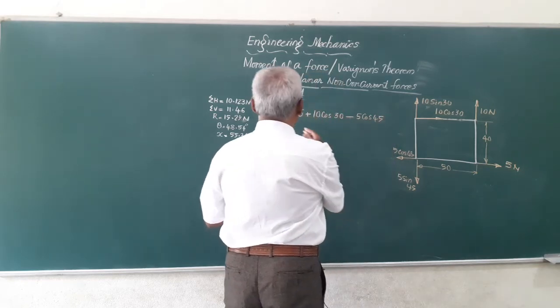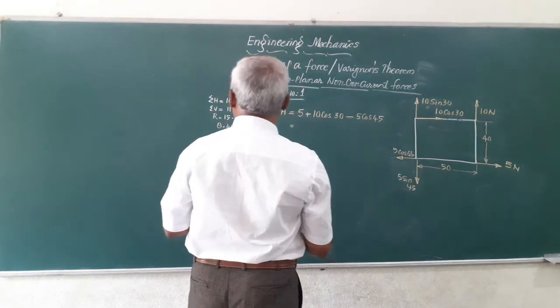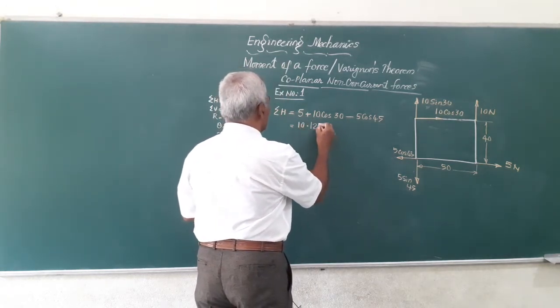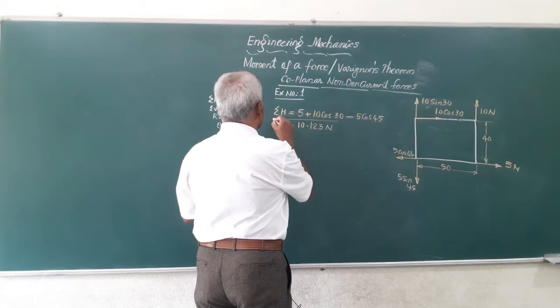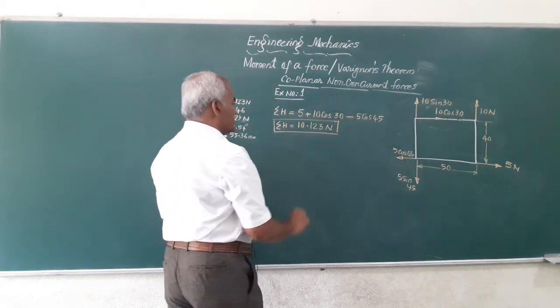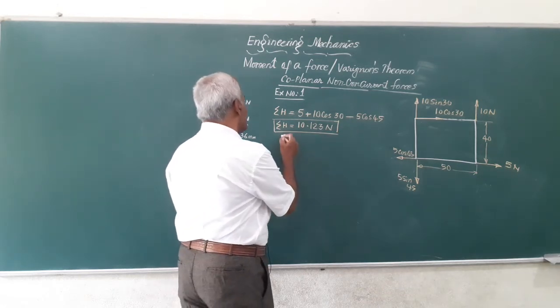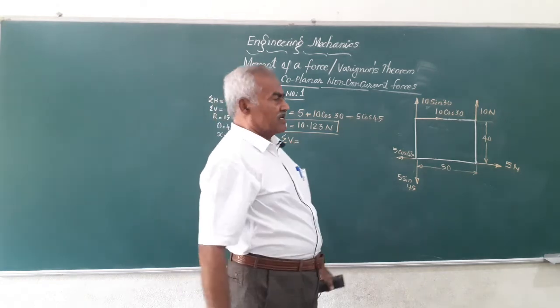Friends, if you simplify this sigma H, it works out to a value of 10.123 Newton. So this is the value of sigma H, the algebraic sum of all the horizontal forces acting on the plate. Likewise, let us move on to the calculation of the algebraic sum of the vertical forces.